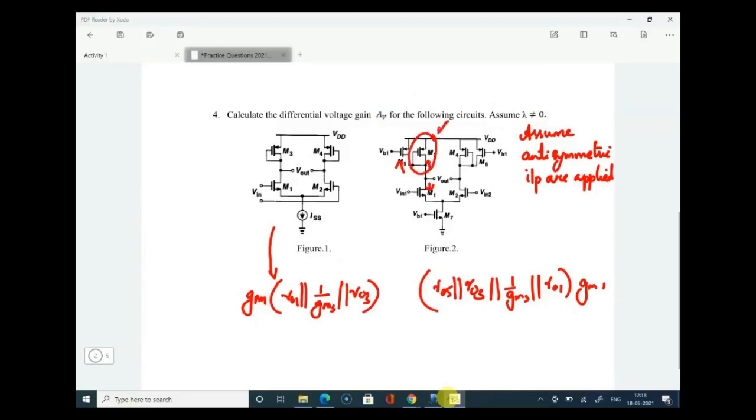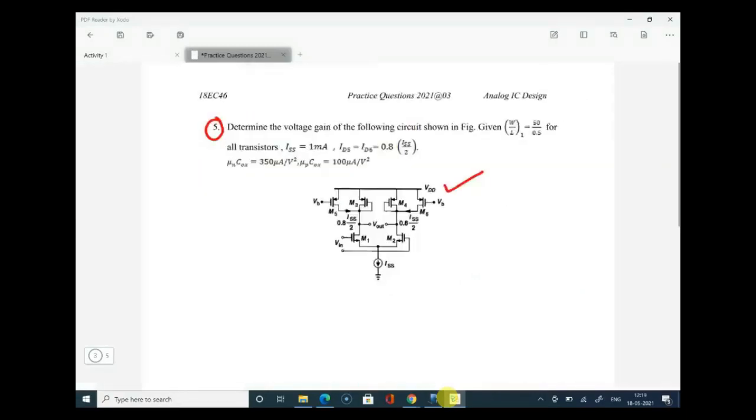What is this load? M3. I think it's a diode connected load, sir. Yes, it is diode connected. Drain and gate are shorted. That is why we have written it as RO3 parallel to 1 by GM3. Okay. Yes, sir. Thank you. Is this clear? Yes, sir.